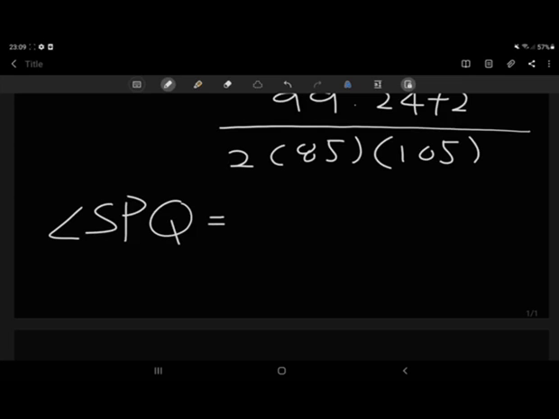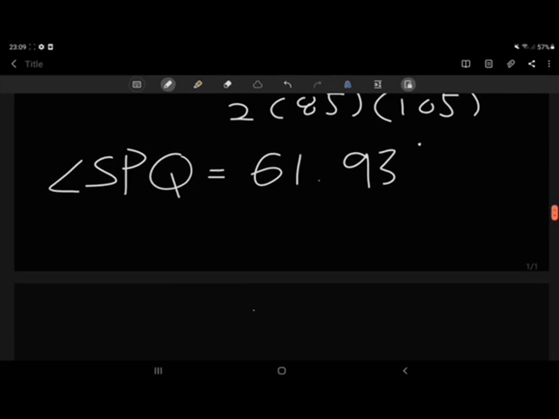So we get the answer for the SPQ angle equal to 61.93 degree.